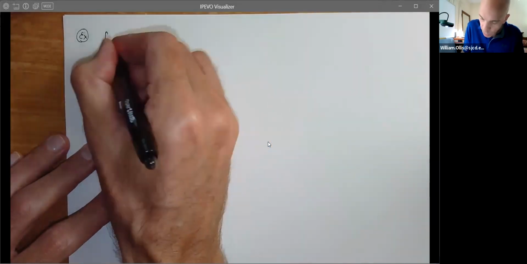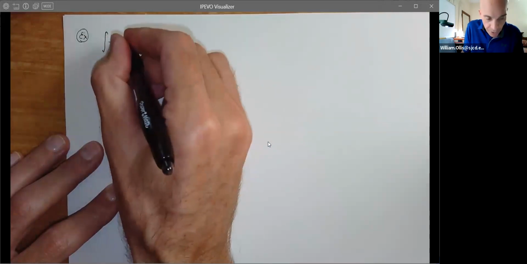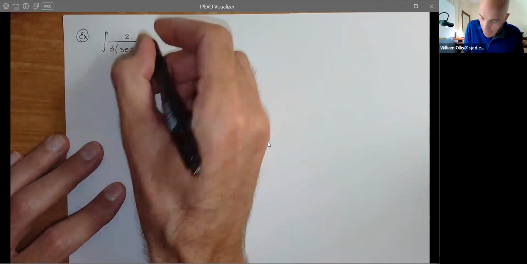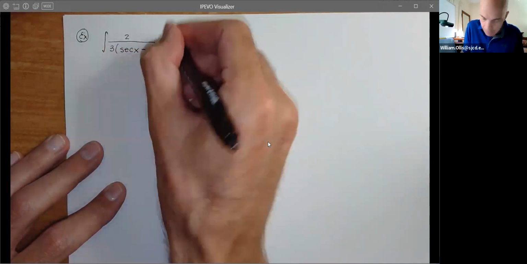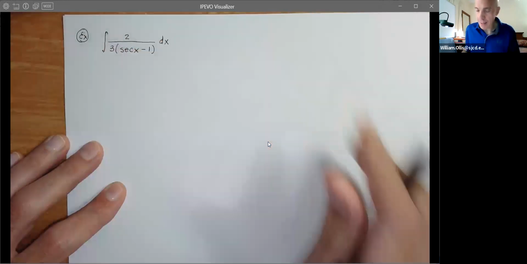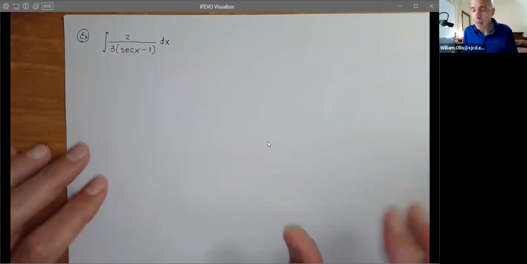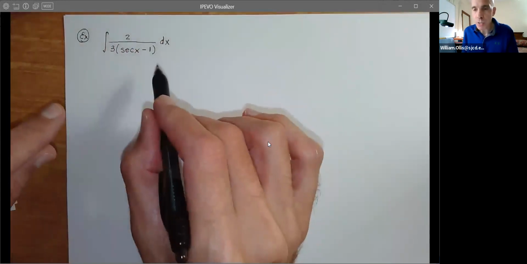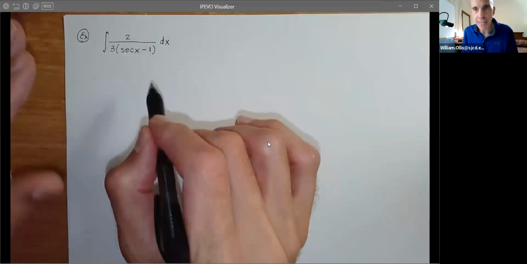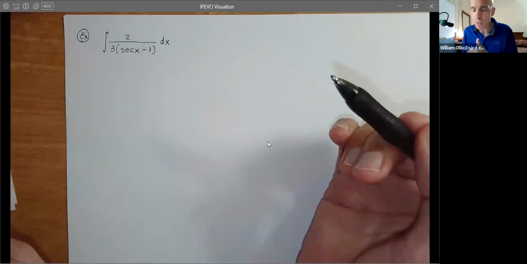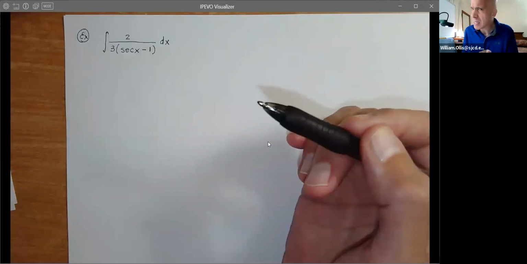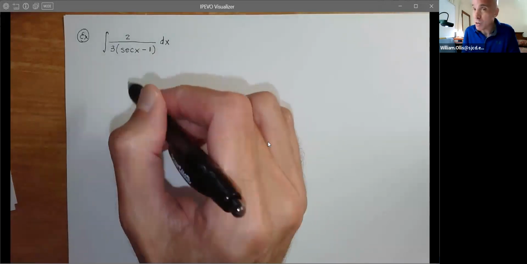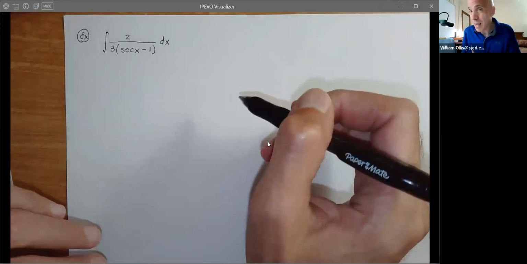So we have 2 upstairs, and we have 3 secant x minus 1 dx. It's like that. Now you're thinking, this is very similar to the last one, and if we like, we can use some techniques to rewrite this to make it basically look like the last one. Some students will say, well, should we use the secant and the conjugate, or would it be easier just to convert things to the cosine and make it look like the last problem?